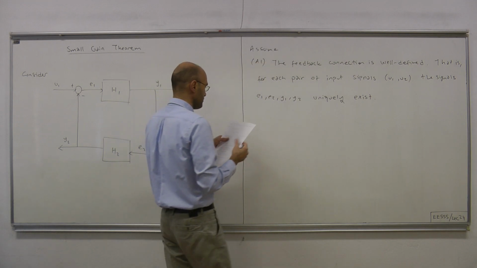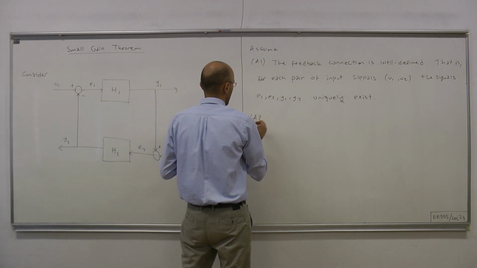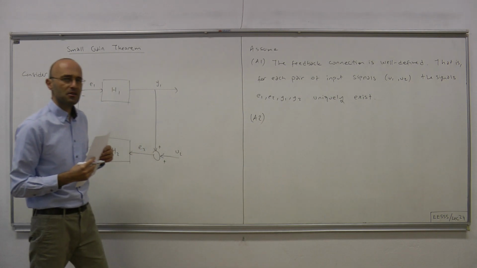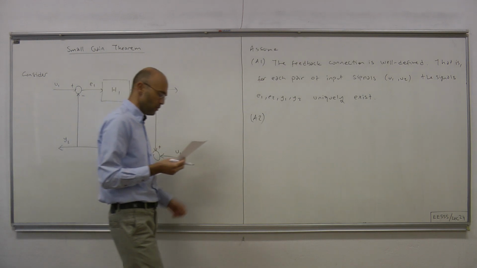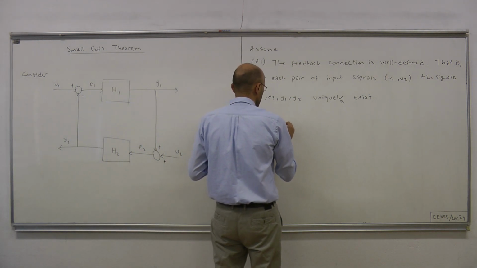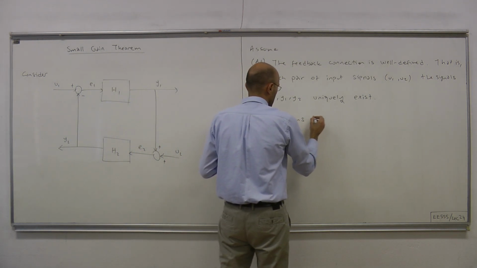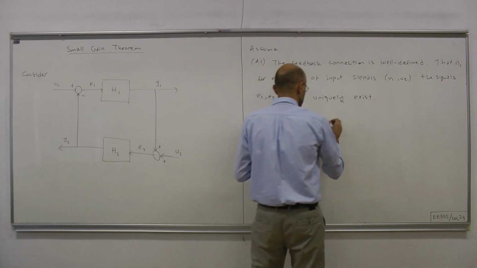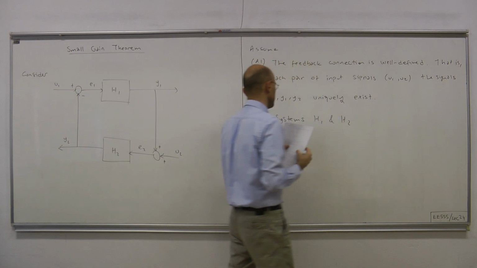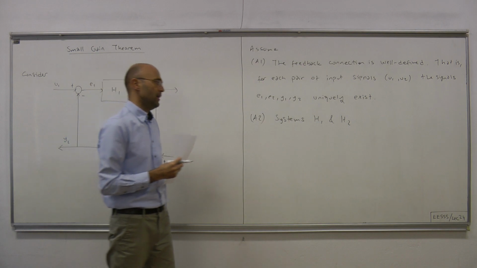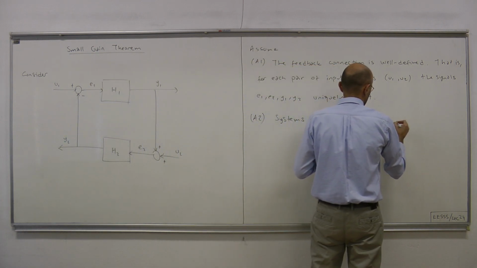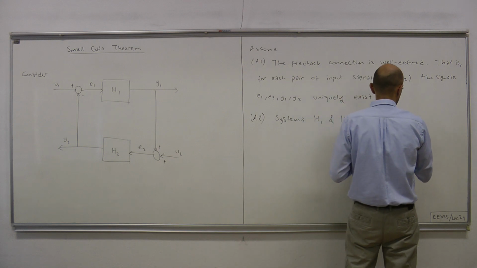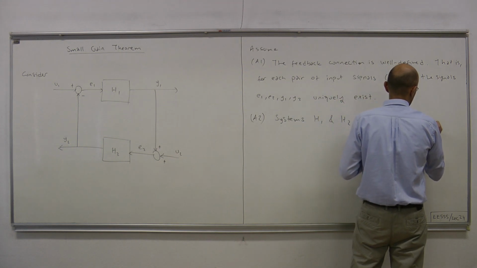Second condition has to do with the L stability properties of our subsystems H1 and H2. We're assuming that those systems are finite gain L stable. So both H1 and H2 are finite gain L stable.